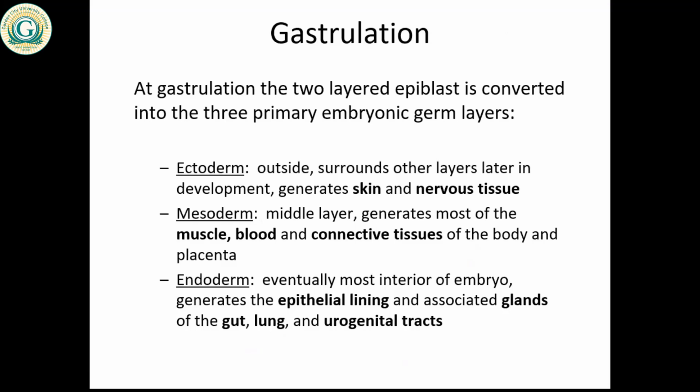And then endoderm: epithelial lining, gut, lung, and urogenital tract. Gut, what do we mean by gut? The digestive system. So all the digestive system aspects, respiratory system. Isn't it obvious? Respiratory comes from endoderm, whilst cardiovascular comes from mesoderm.